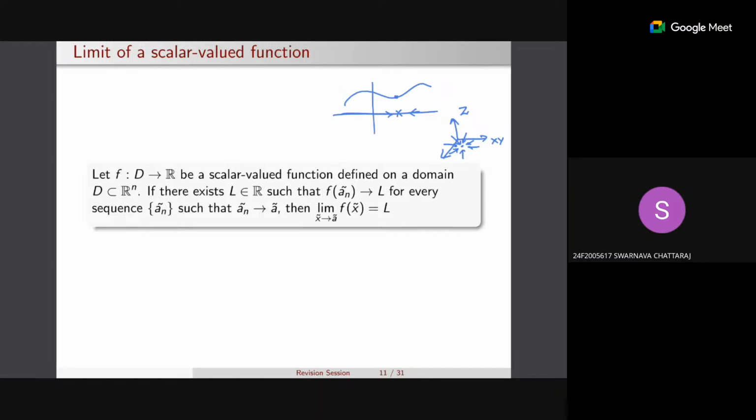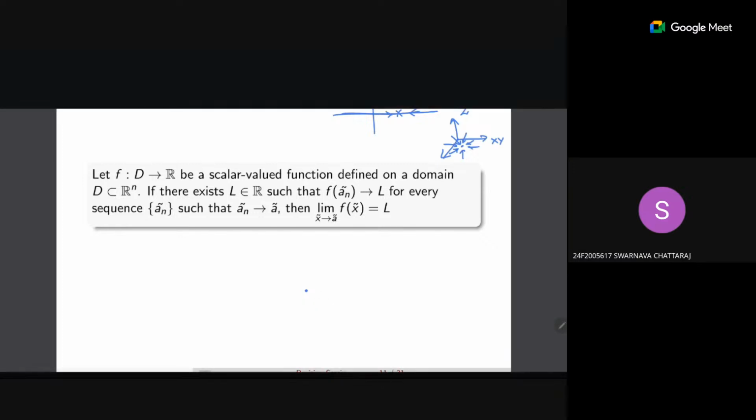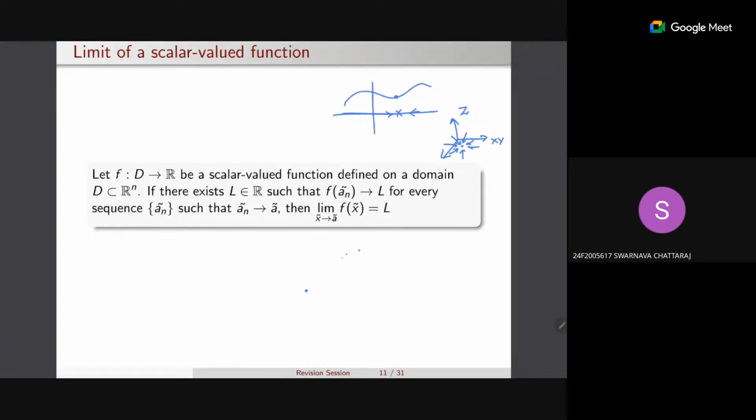The formal way of doing that is to say that given a point, not necessarily on the domain, like this a tilde could not even be on the domain, as long as I have a path to it through the domain, if I consider a sequence of points which converge to this point, then I look at the function values at each of these points. The value that those function values tend to has to be the same across all sequences.